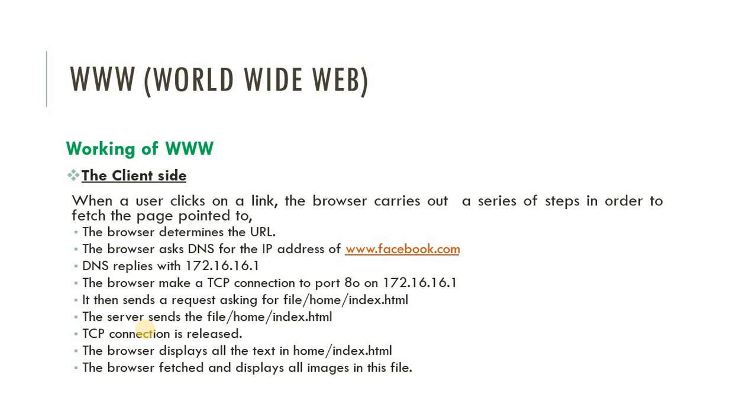It sends a request asking for the file, for example home/index.html. The server sends that file and the TCP connection is released. The browser will display all the text in home/index.html, the home page of that URL, and the browser fetches and displays all the images in this file. So this is how WWW works on the client side.